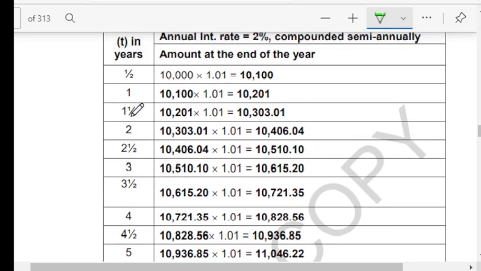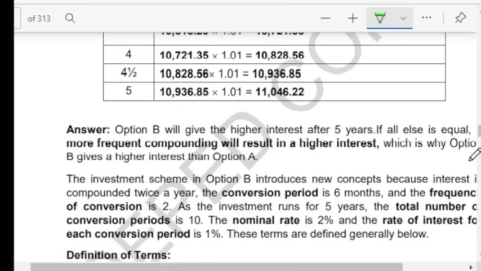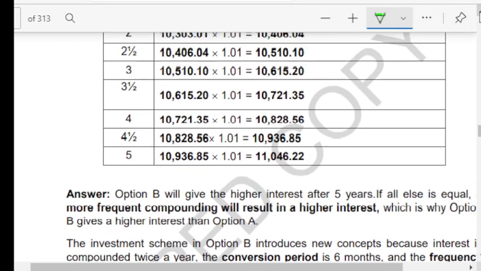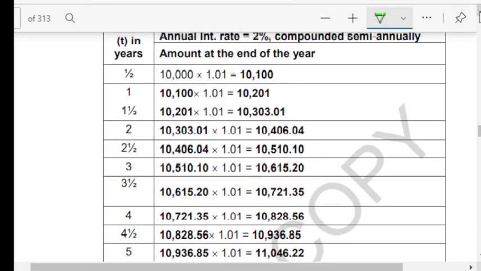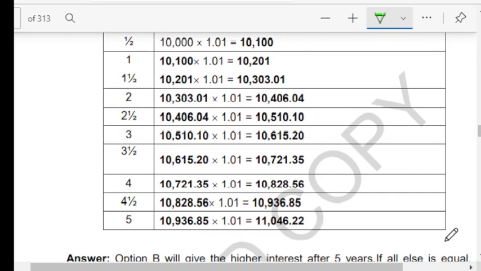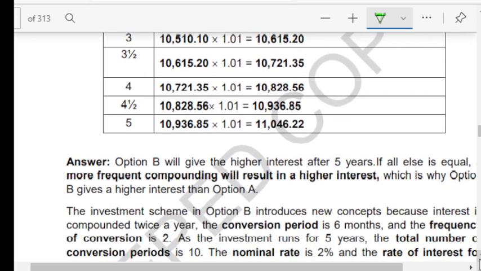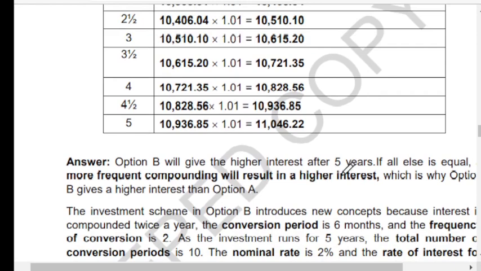So every 6 months: 1 year, 1.5 years, 2, 2.5 years, 3, 3.5 years, until it reaches 5. So you compute 10 times, whereas annually you only compute 5 times. So if you look at it, option B gives the higher interest after 5 years.